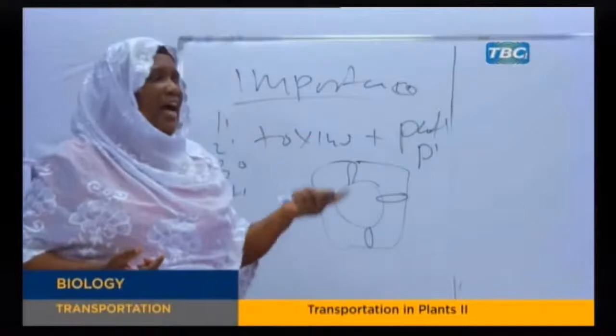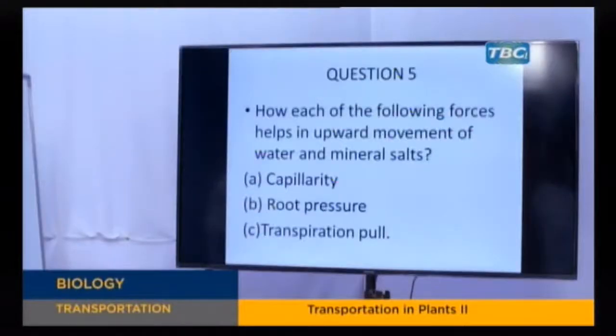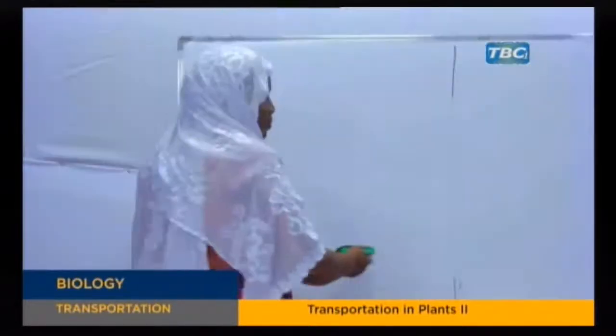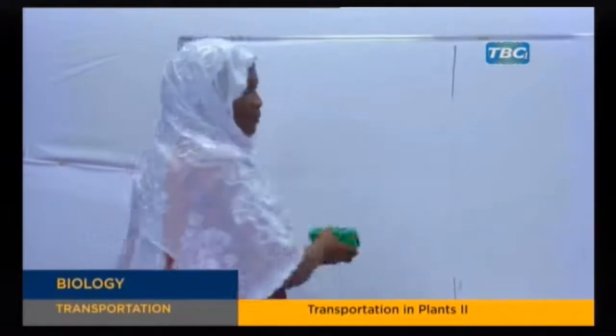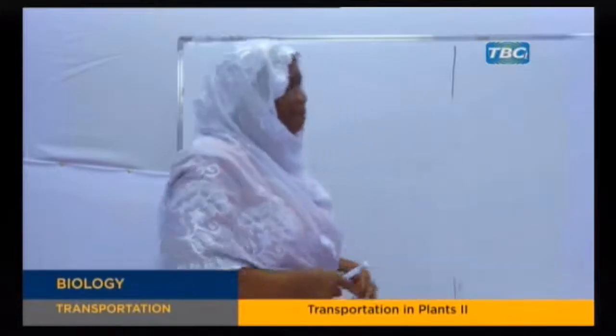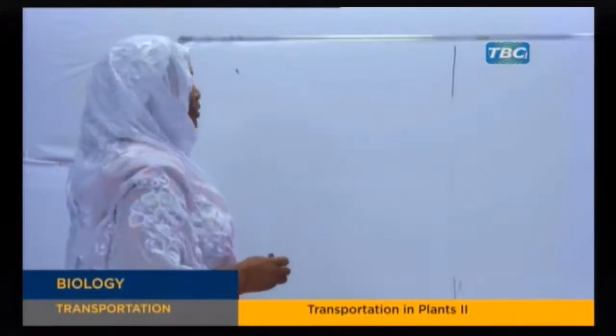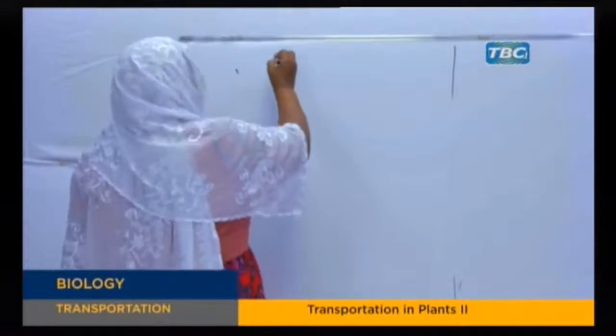Question 5 says, how does each of the following forces help in upward movement of water and mineral salts? Here, I'm going to revise with you three forces. One is root pressure.